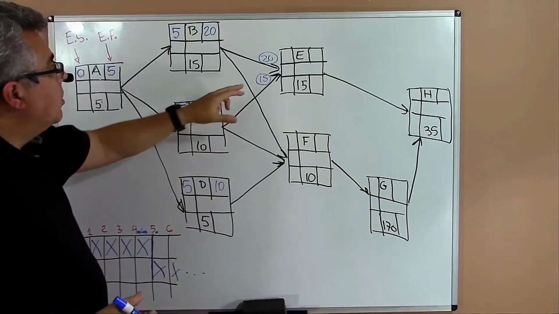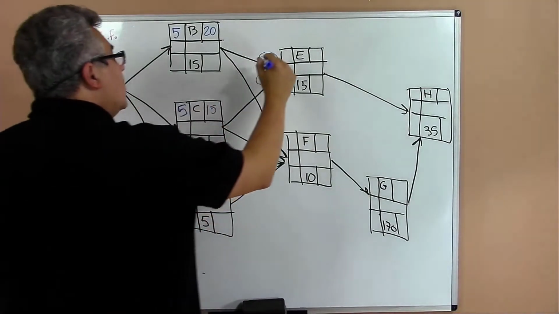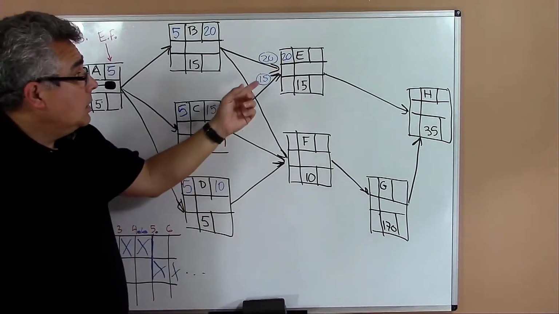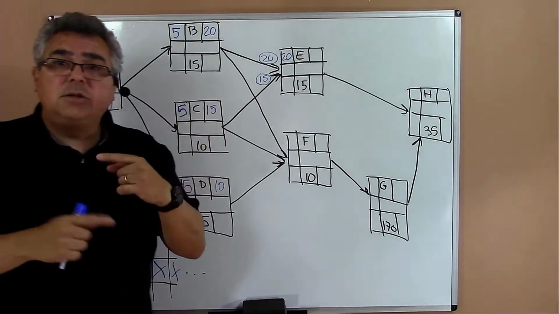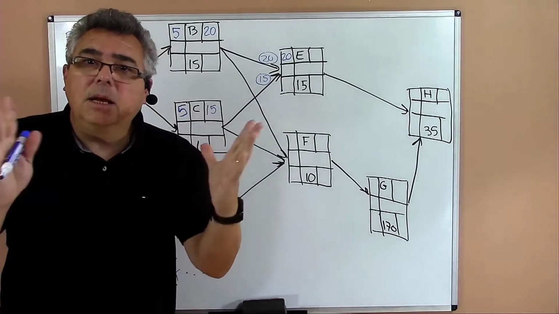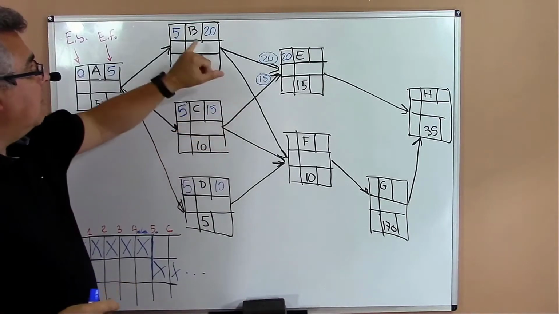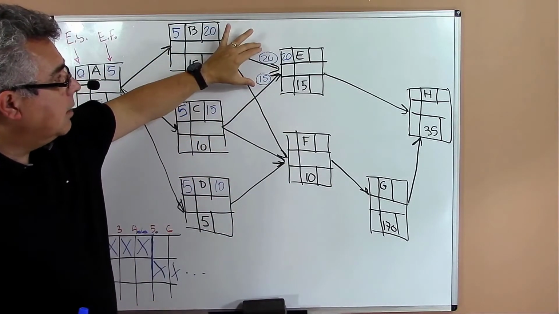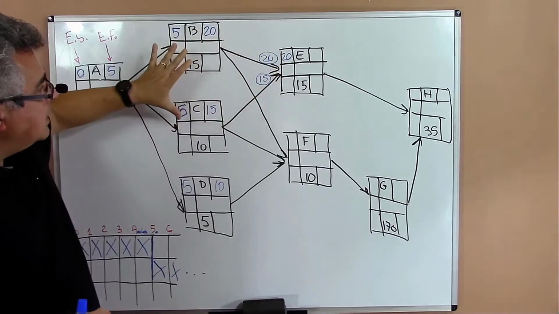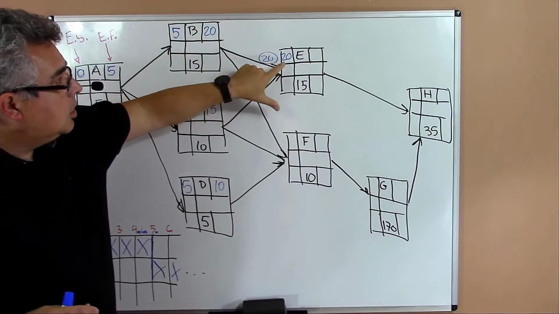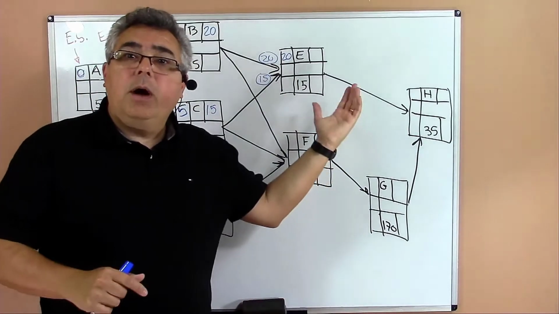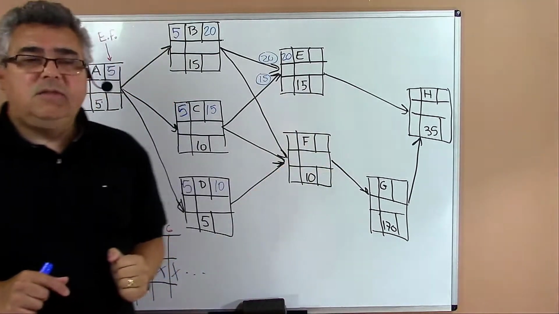Between the two, I will take the highest. Again, I cannot start on day 15. Although C will be finished by day 15, I cannot start because I have to wait for activity B. That's why I have to take the longest time of all preceding activities to determine the early start of a merge activity. Okay?